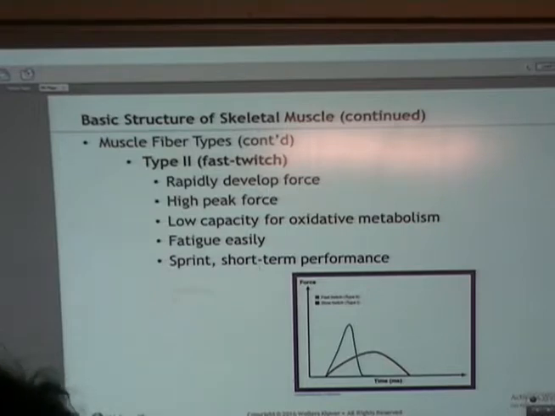So our ratio is genetically determined. An average person is 50-50. So those of us that are not good athletes, on average, are going to be 50-50.